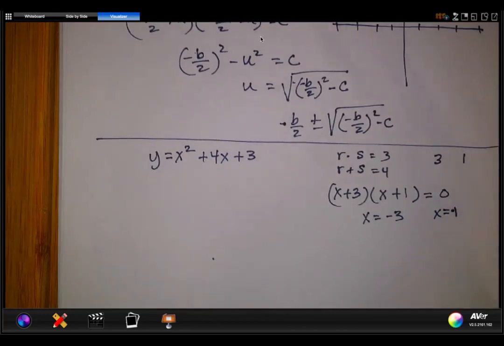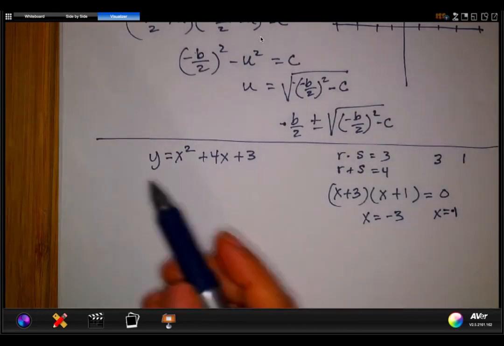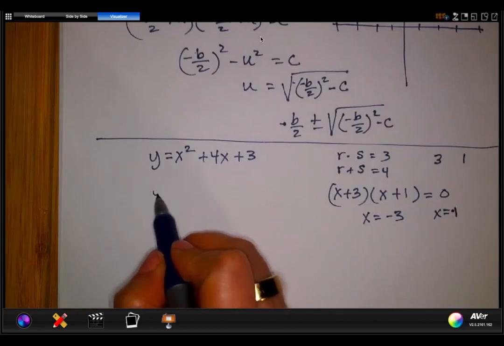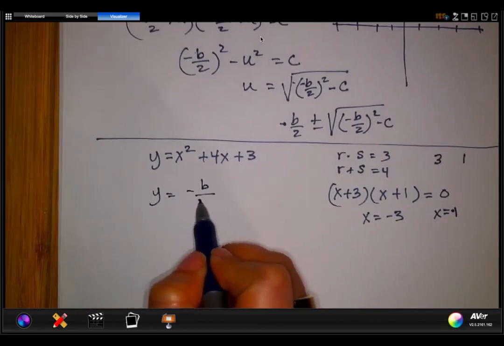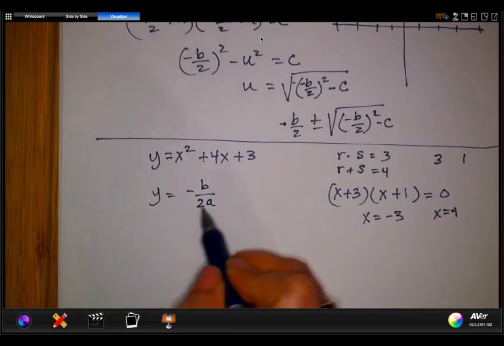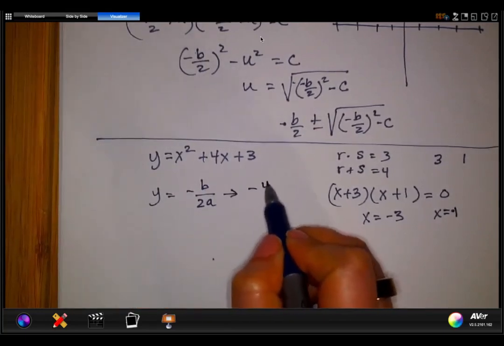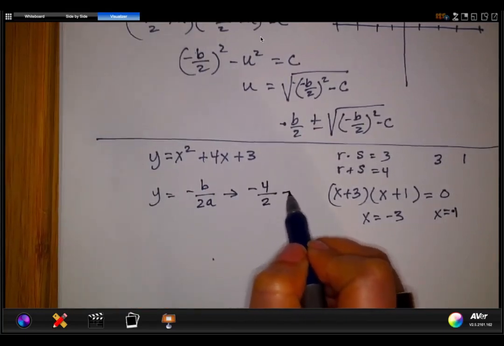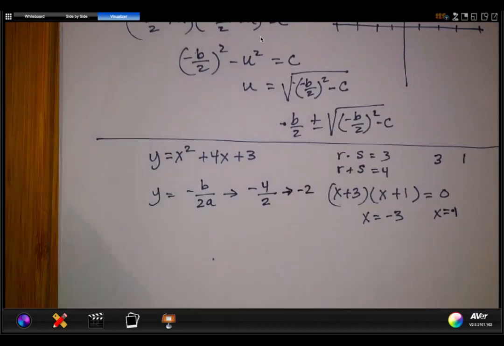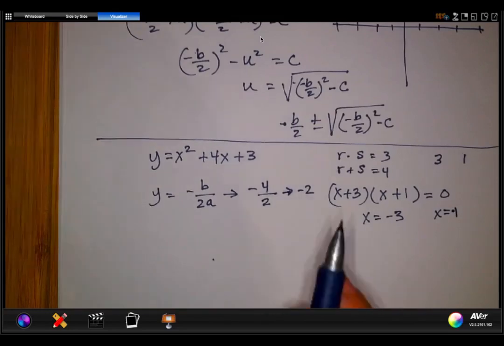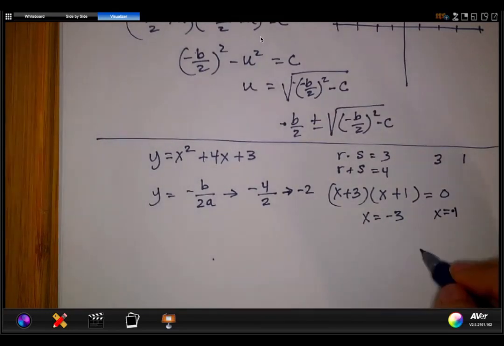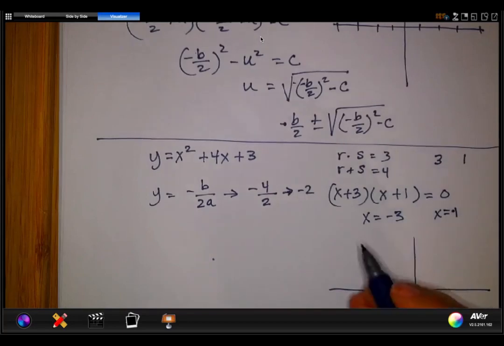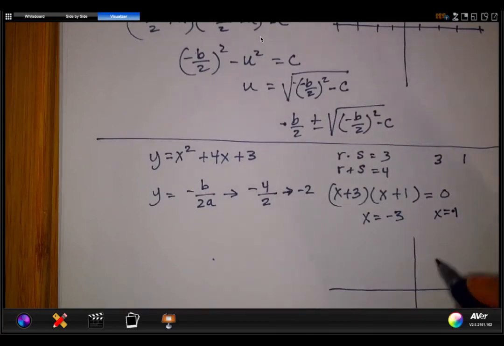First, we calculate the axis of symmetry, which is given by negative b over 2a. In this case, that is negative 4 over 2 times 1, which is negative 2. Then we look for that u, the distance to the right and to the left of the axis of symmetry.